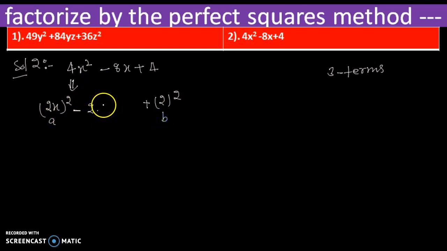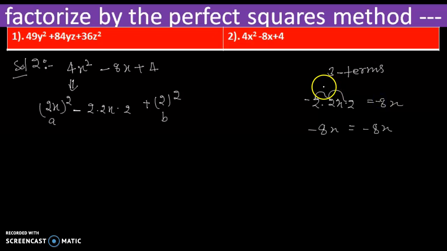So we write the value of a, which is 2x, and the value of b, which is 2. Now we check the middle term is equal to 8x. So 2x minus 2, multiply 2 into 2x into 2 is equal to 8x. So 2 into 2 is 4, 4 into 2 is 8, so 8x is equal to minus 8x. So it is our perfect square.